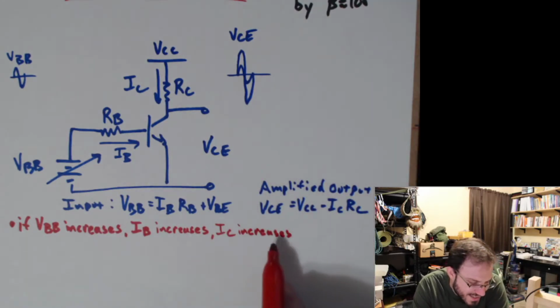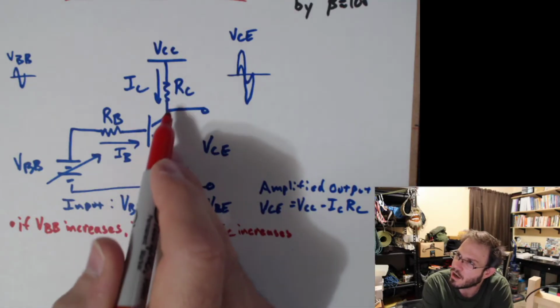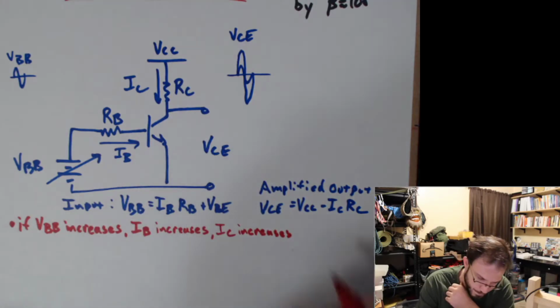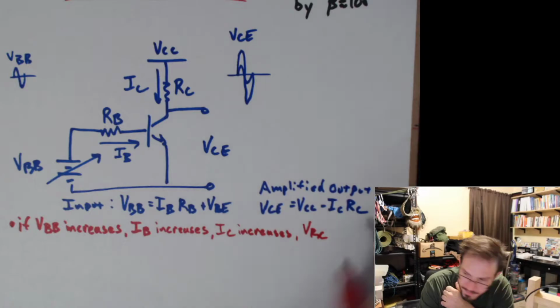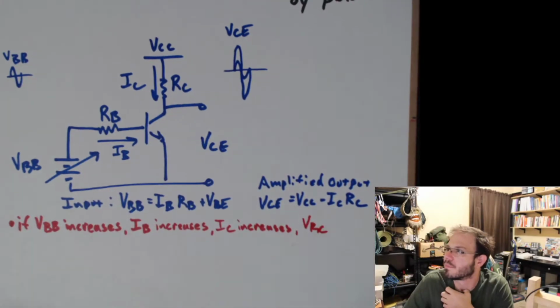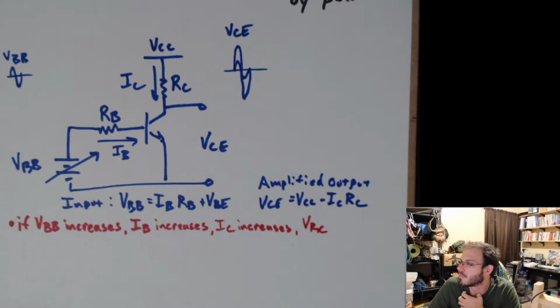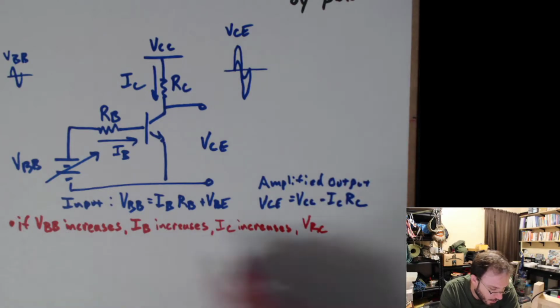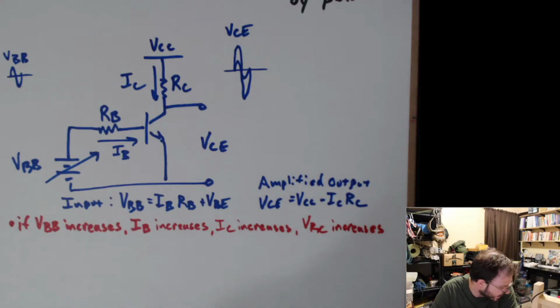Okay, if IC increases, what happens to the voltage drop across RC? In other words, what happens to VRC? Yeah, it goes up as well. So VRC increases. You see where I'm headed here.